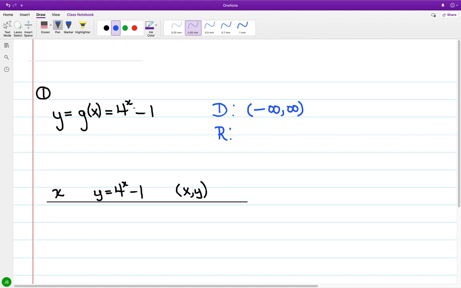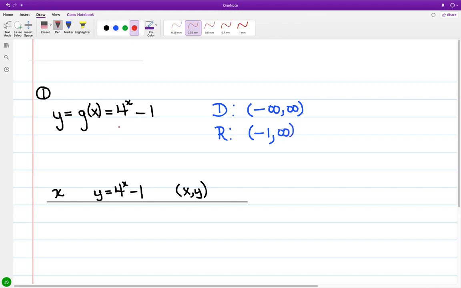So the smallest that 4 to the x can be is the smallest positive value that exists, so it's going to be greater than 0. And if I have 0 minus 1, the smallest value for y is the smallest value that is greater than negative 1. So for the range, you have those values of y that are greater than negative 1.